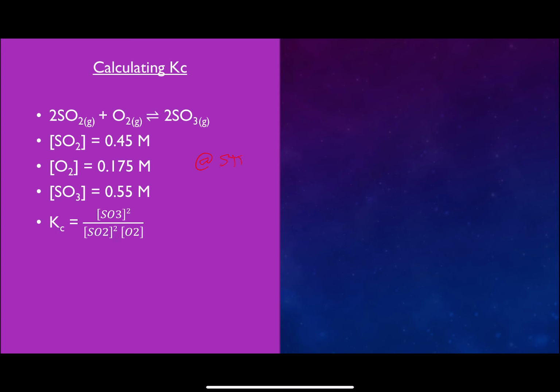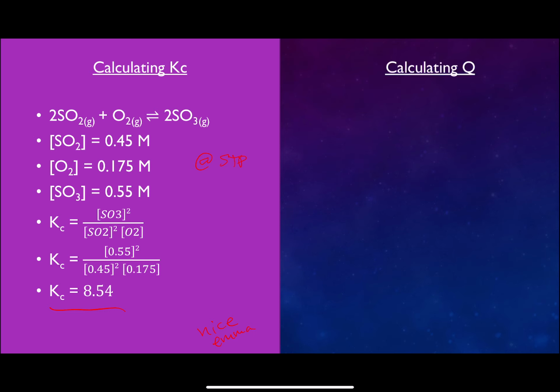I'll give you a second to take out your calculators and determine the equilibrium constant. Okay, so since we have found out that Kc is between 0.001 and 1000, what can be assumed? That's right, there are significant concentrations of both reactant and product species at equilibrium.